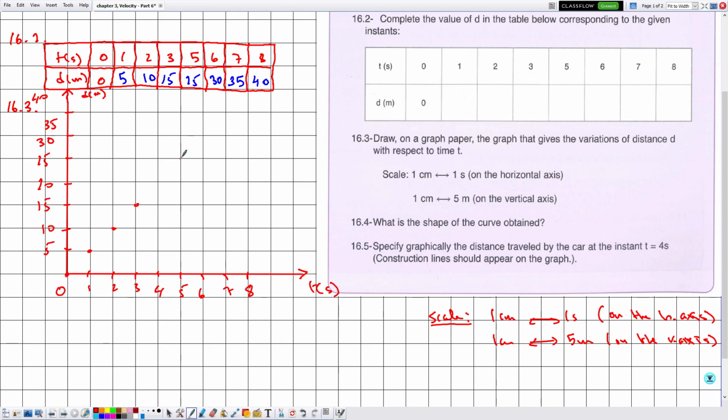By 8 we have 40, by 7 we have 35, by 6 we have 30, by 5 we have 25, for 3 we have 15, for 2 we have 10, for 1 we have 5. And now we connect these points using a ruler and not by hand.